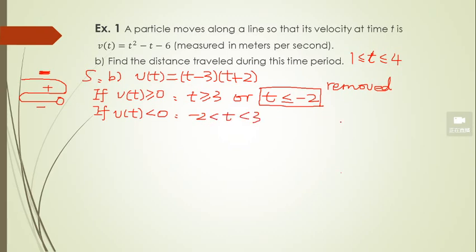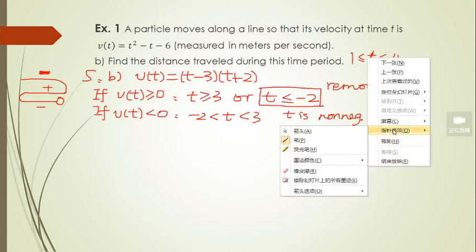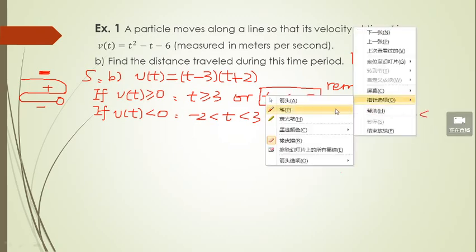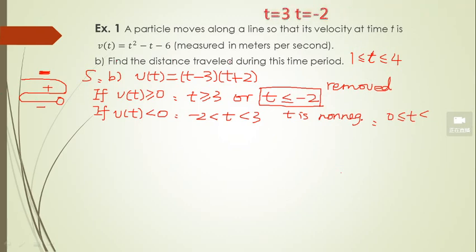But since t is non-negative, my t should be greater than 0 and less than 3. Try to follow this part. So when velocity is negative, that is the time between 0 and 3.